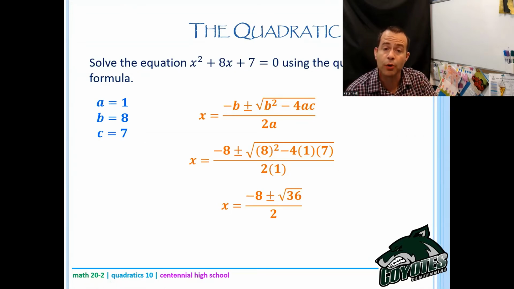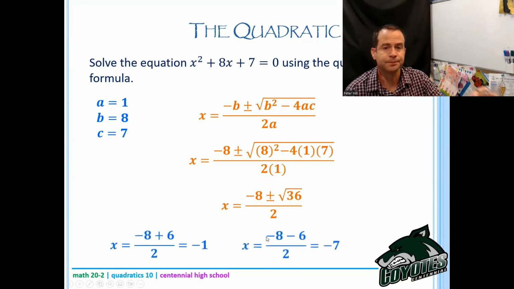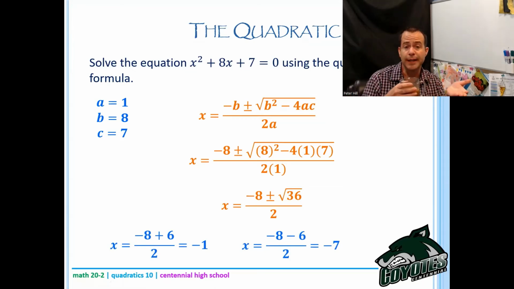Or I could have negative 8 minus 6 all over 2. That's where the two answers come from: your plus and your minus. Negative 8 minus 6 is negative 14, and negative 14 divided by 2 is negative 7. So take note, we got the same answers, negative 1 and negative 7, that we got factoring. This is just showing you how you would get it using the quadratic formula.